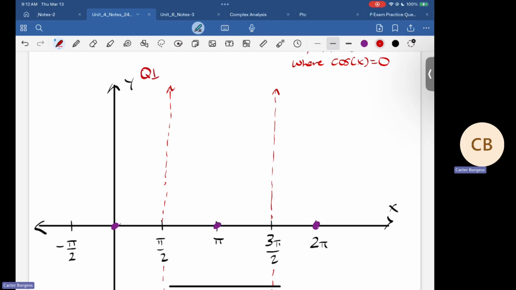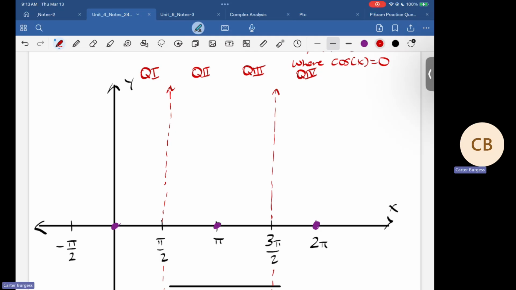That's the first quadrant. What quadrant do we have that sits between pi over 2 and pi? That's our second quadrant. What quadrant do we have between pi and 3 pi over 2? That's our third quadrant. And go figure, what quadrant do we have between 3 pi over 2 and 2 pi? That's our fourth quadrant.